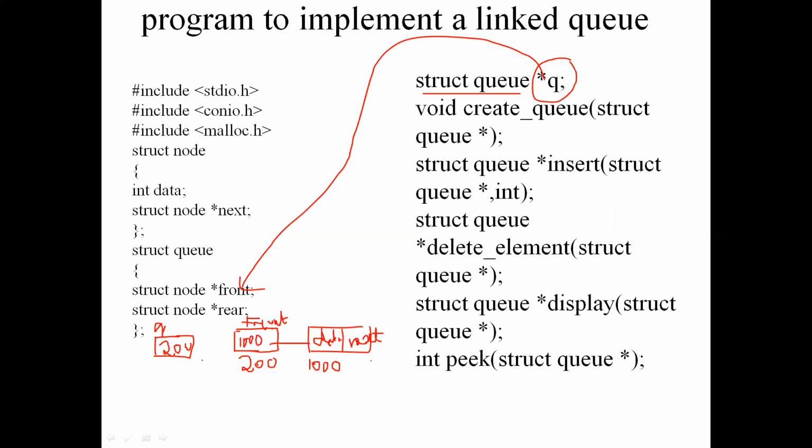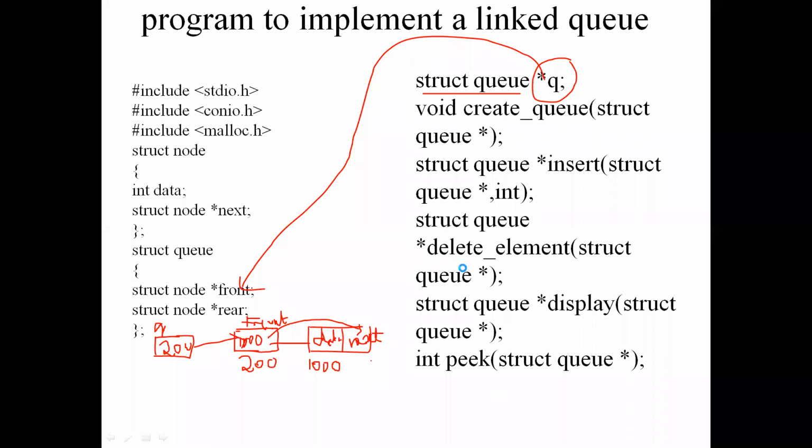Okay, so I want to access the next field using Q. That's why I'm using Q arrow front, then front arrow next.